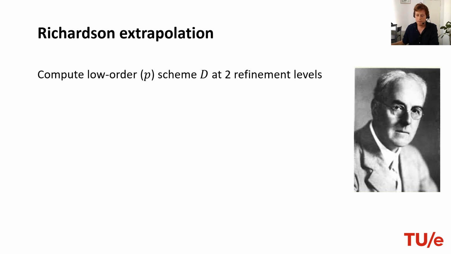So wrapping up on Richardson extrapolation, the general strategy is to compute your lower order scheme D at 2 refinement levels. We say that this lower order scheme is of order p, and we have seen examples in this lecture of p equal to 1, for instance a forward difference scheme, or in the previous slide, p equal to 2, a central difference scheme.